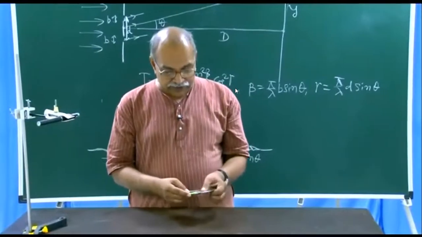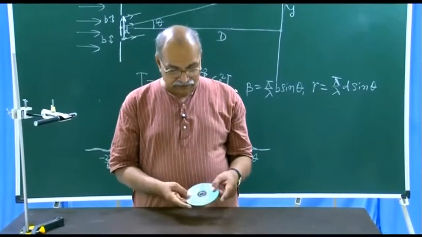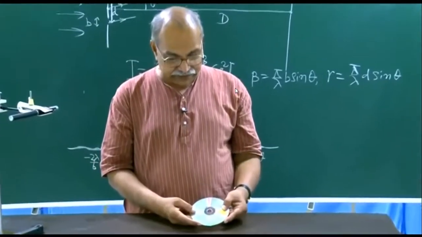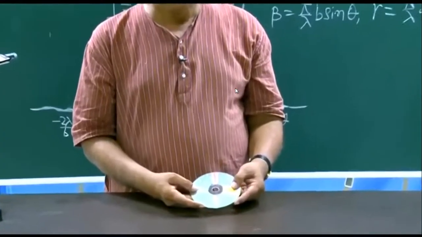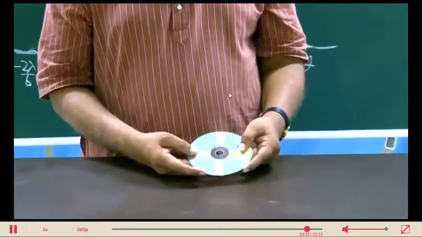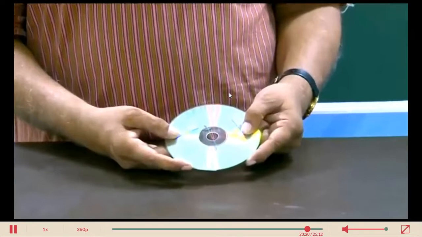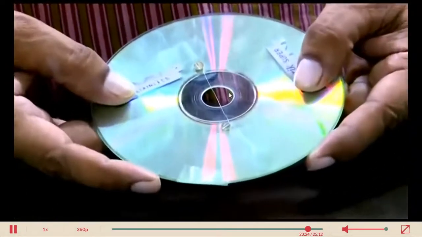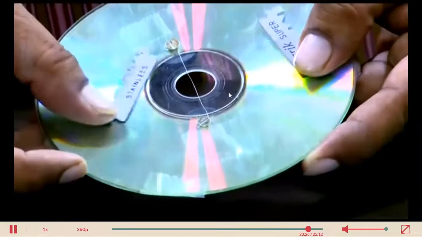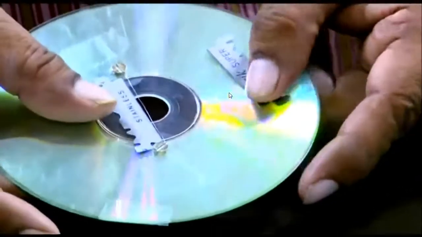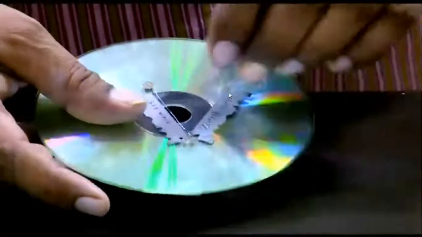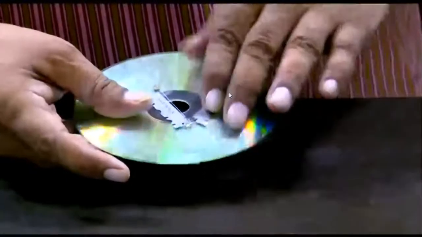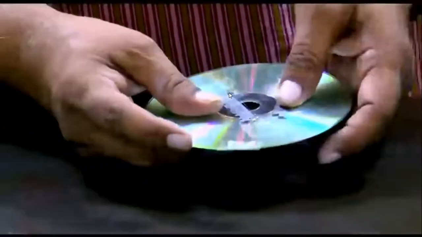To make the double slit, we have taken once again a CD, and across that central hole we have fixed a thin wire, and then you have two pieces of razor blade, and these two pieces we are putting on the two sides of this wire.